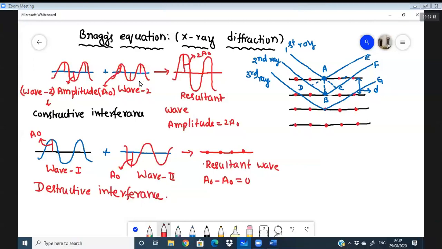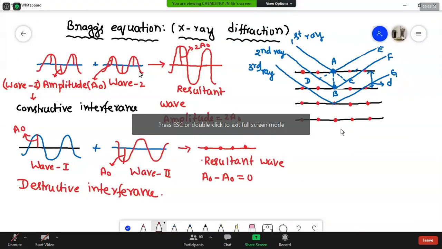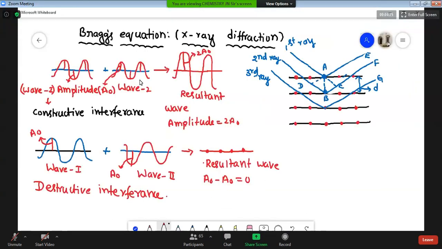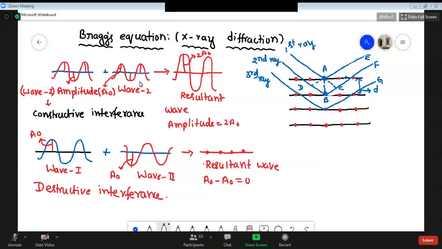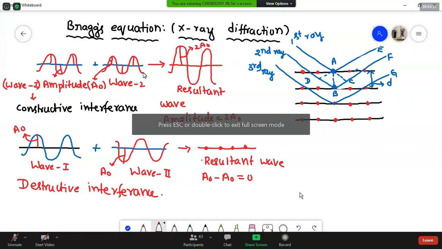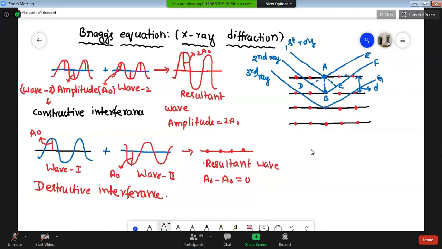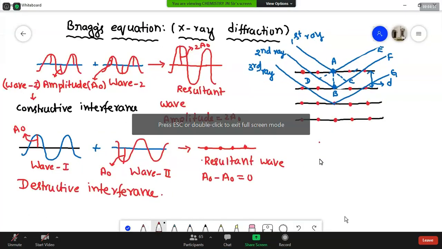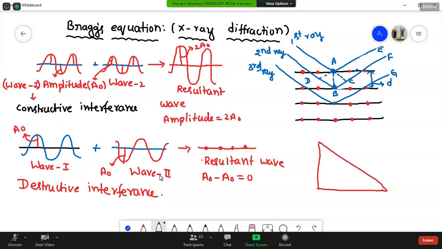Crystal structure by using the station. Now, it forms a right angle triangle.